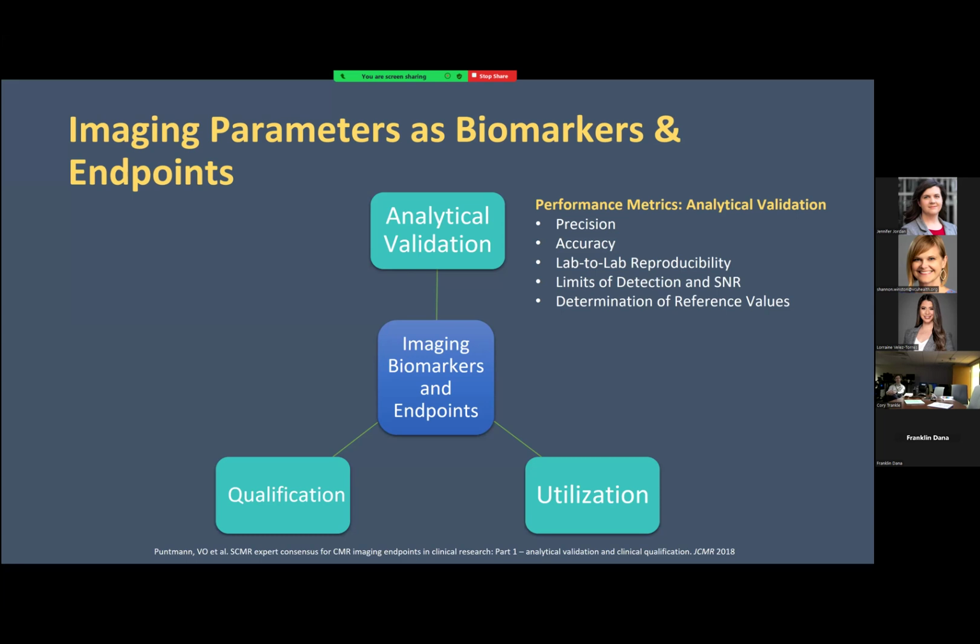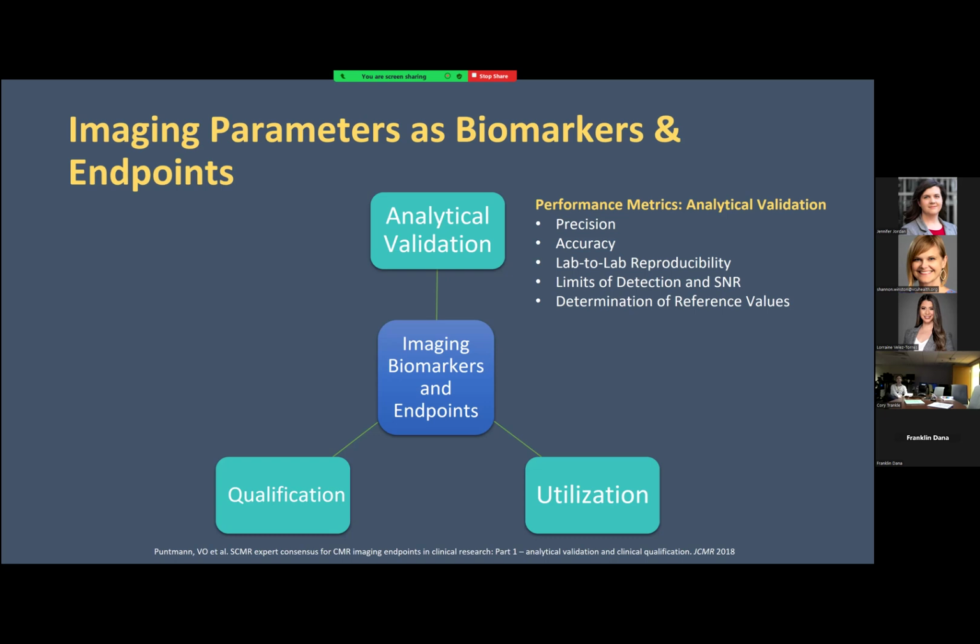It's important that the performance metrics include precision, accuracy, lab-to-lab reproducibility, and limits of detection with adequate signal-to-noise ratio. We also need to determine reference values. So you're probably very familiar with this with something like CRP or troponin. Those have all been analytically validated, and we have to do the same here with our imaging biomarkers and endpoints.